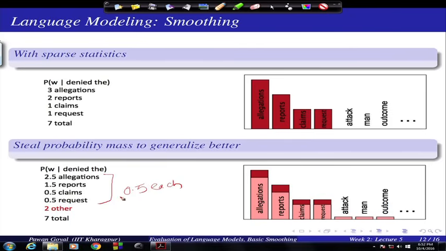That means I get a probability mass of 2 by 7, and that mass I distribute among all the other words in my corpus, and this can be distributed in multiple different ways. We will see some possible ways in which we can distribute this stolen mass to the other words that we didn't see in my training data. How much mass has to be distributed, that also we will see. So there are different methods that do that.